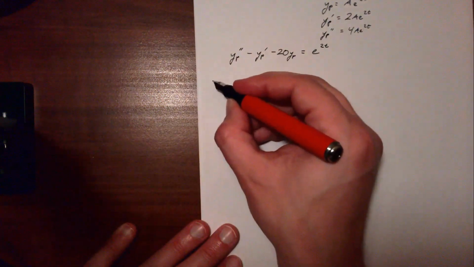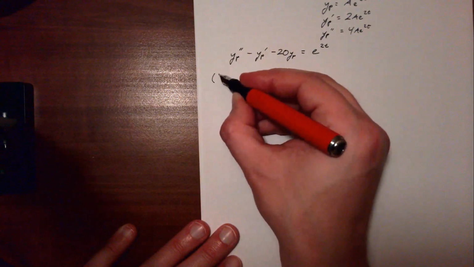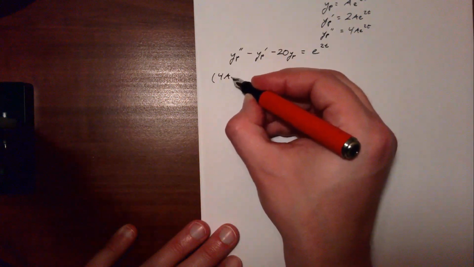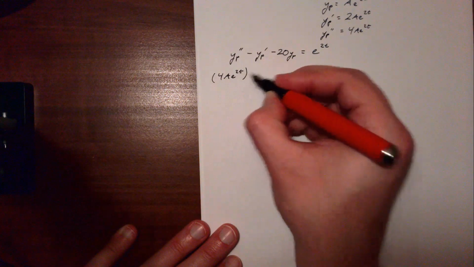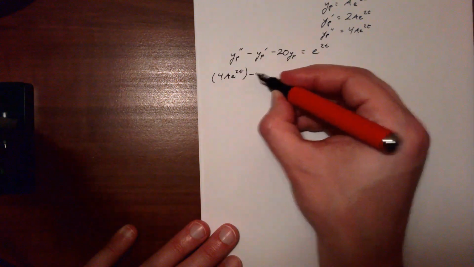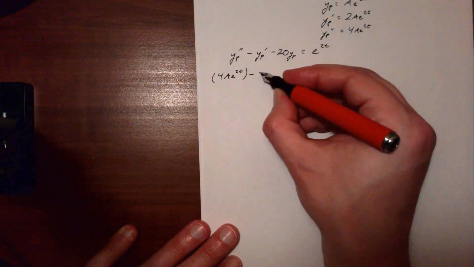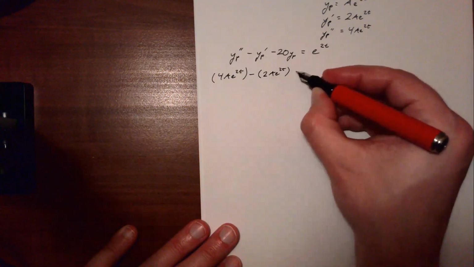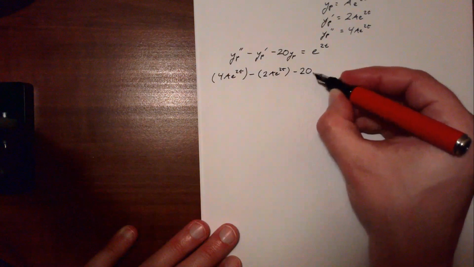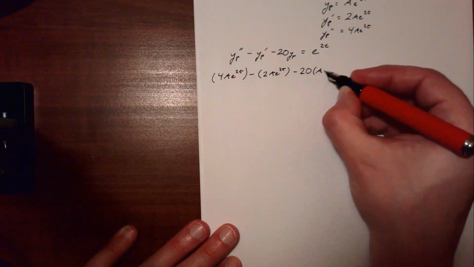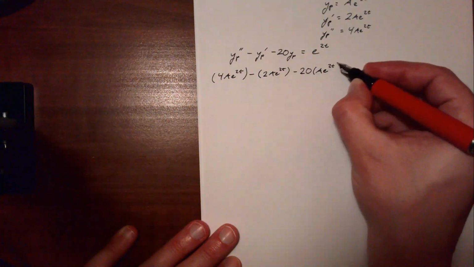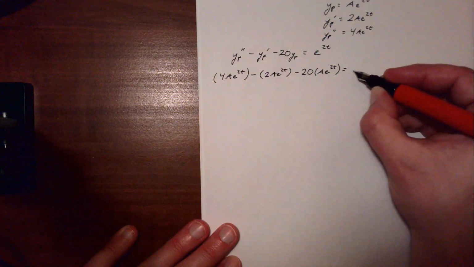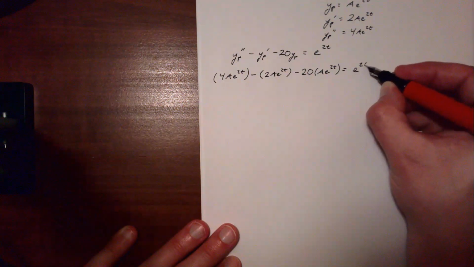So here, putting all these pieces into play, we're going to have 4a e to the 2t. Here we're going to have 2a e to the 2t. Here we're going to have 20a e to the 2t is equal to just e to the 2t.